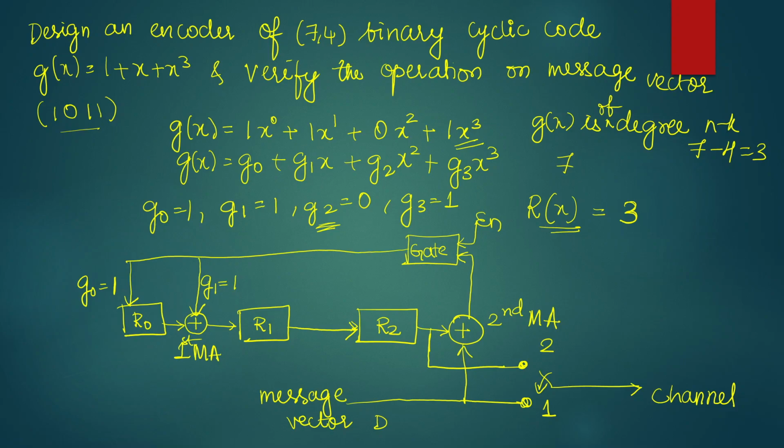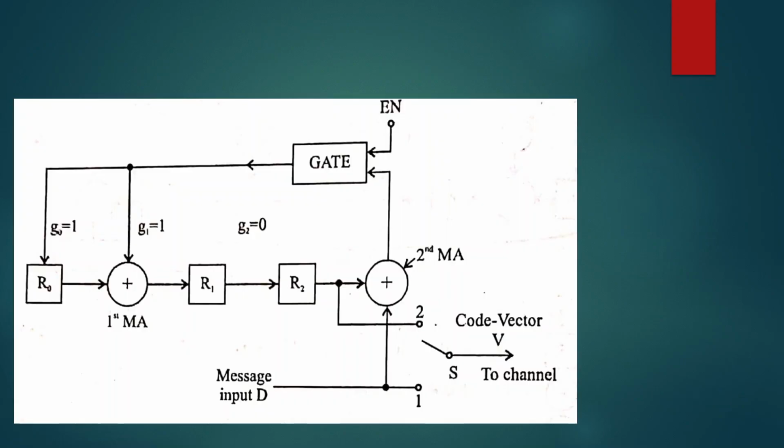Now we have designed an encoder for the (7,4) cyclic code. Let us verify its operation for the message vector given by 1011. Because there are shift registers, it will work on the basis of a clock.